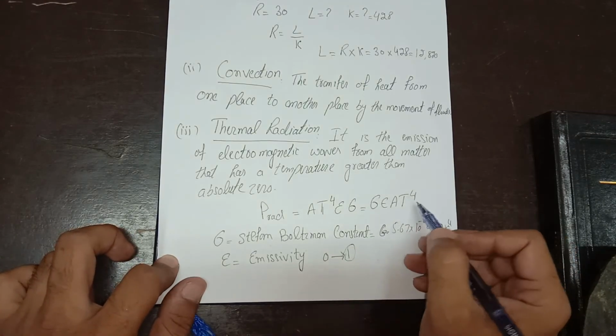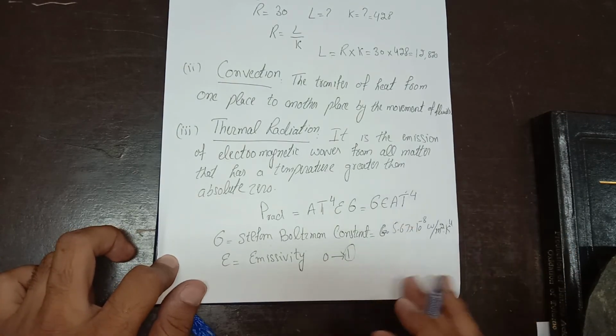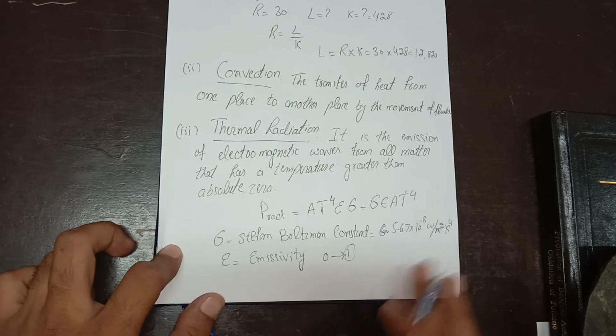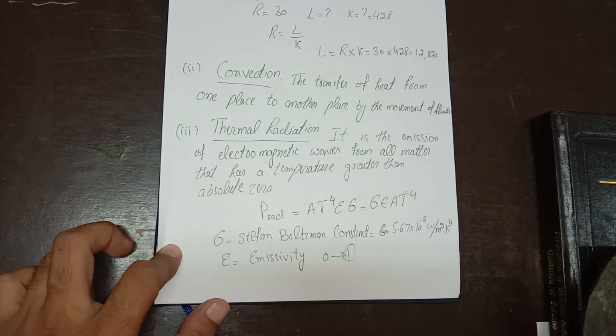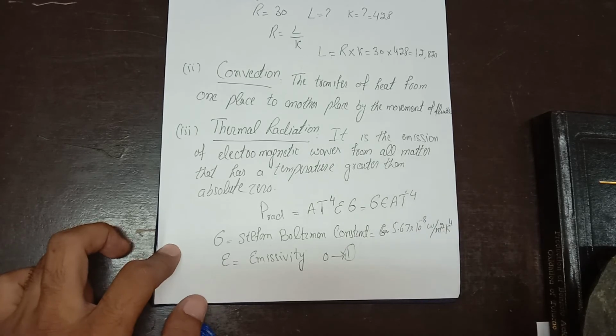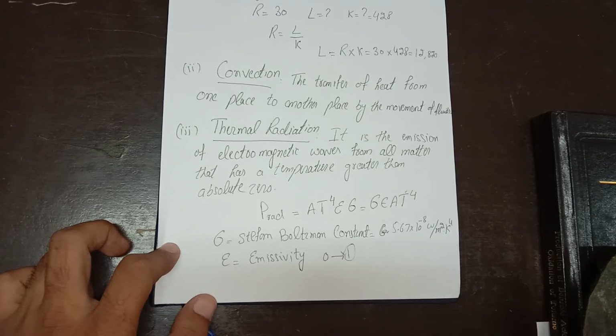And one thing should be kept in mind, that this temperature should be in kelvins, right? And should be above 0 Kelvin, because 0 Kelvin is considered absolute zero. At absolute zero, no thermal radiation transfer takes place, meaning zero radiation at absolute zero temperature.